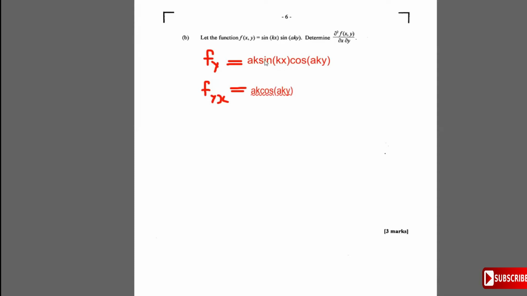Then when I differentiate sine kx, I get cos kx, and I multiply it by k. So the final answer is a times k squared cos aky times cos kx.